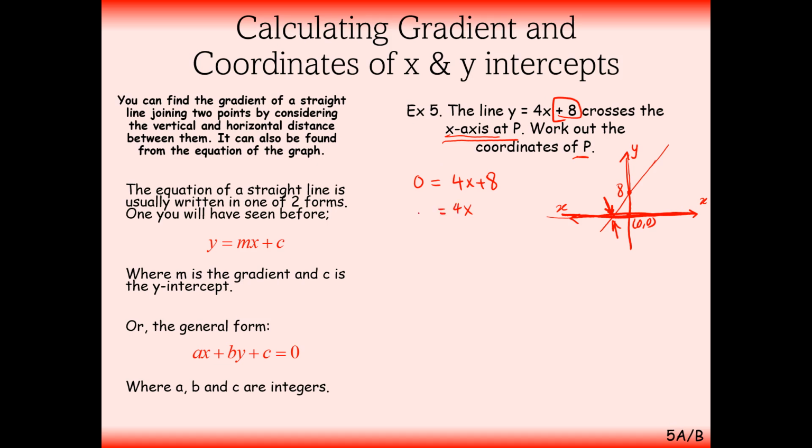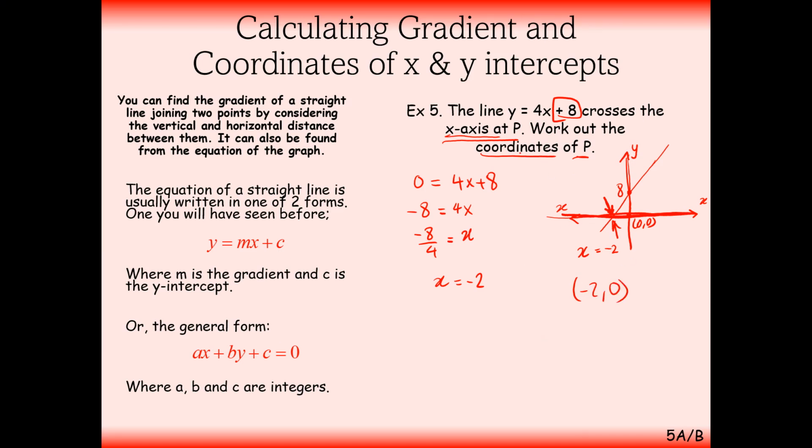First take away 8 from both sides and then divide by 4. Negative 8 divided by 4 is negative 2. It makes sense for the x value to have a minus sign.